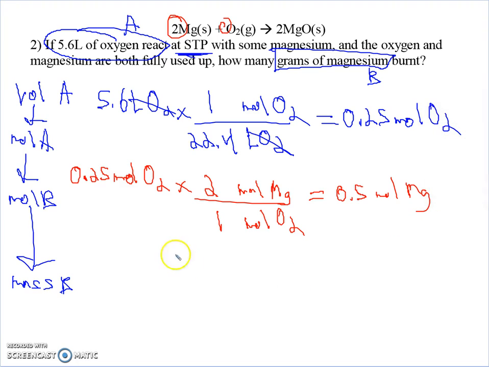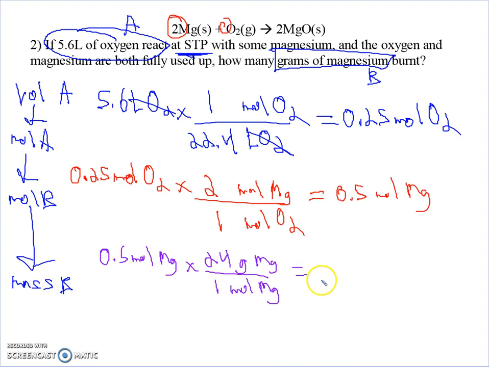Alright. So now we do our final conversion. So go ahead and pause and do that. Okay, so we put moles of Mg on the bottom. We put grams of Mg on the top, and then we choose our molar mass. Don't even have to calculate it because it's just one thing.